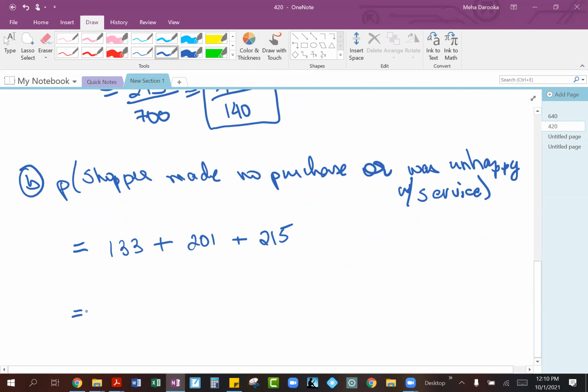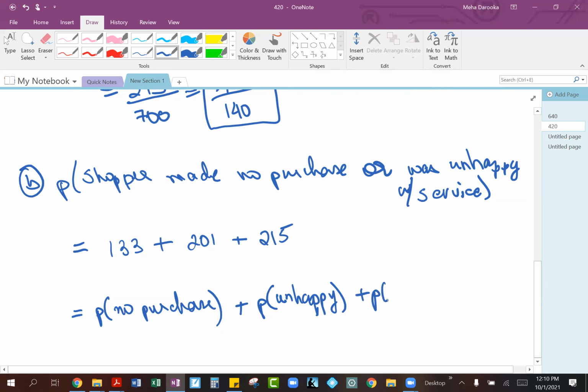So again, if you were to look at this in a more formulaic way, and I probably should have done this in a different order, you're basically adding the probability of people who made no purchase, which is the 133. You're adding the probability of people who were unhappy with the service.